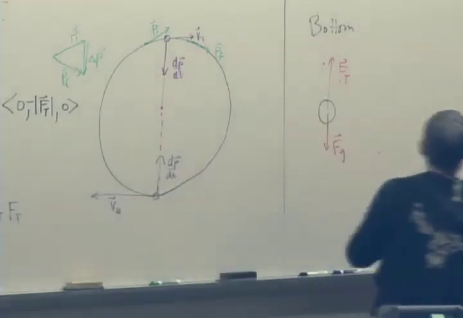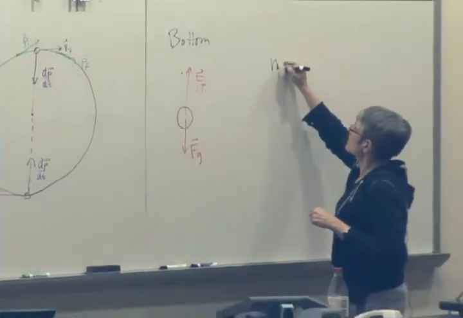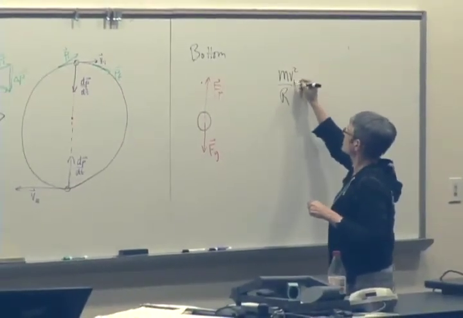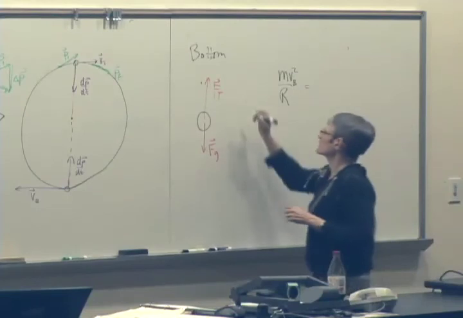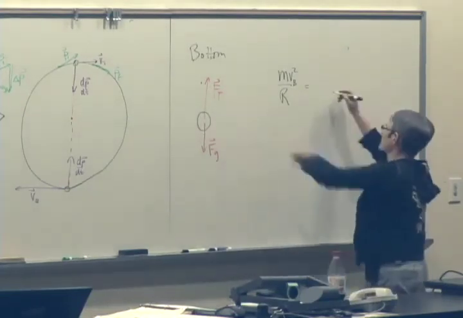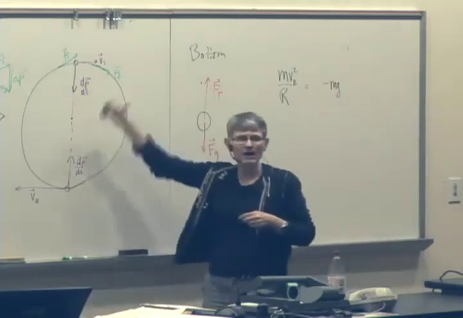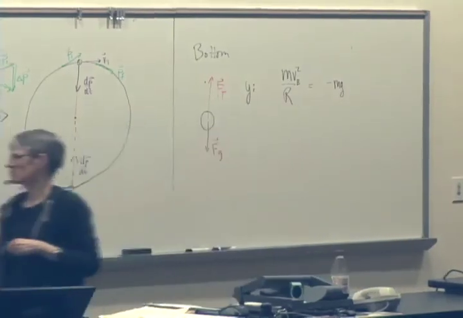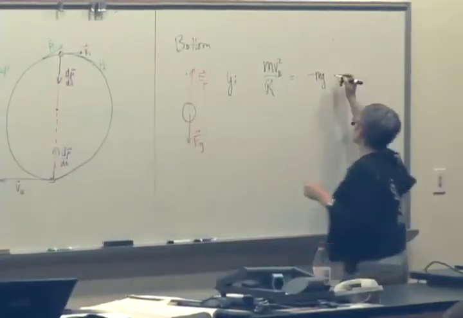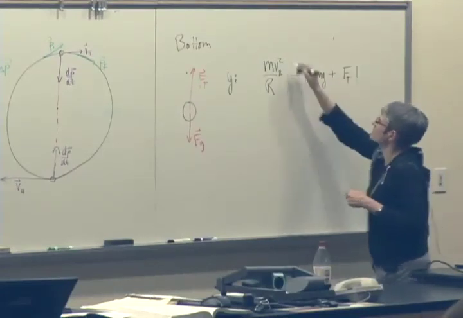So we have, starting from the same principles, we end up with an mv squared over r, except that's mv at the bottom now, is equal to, so we have a minus mg here. So this is really the y component, because y is the perpendicular direction to momentum. So we're writing y components here. So we have a minus mg plus the magnitude of the tension force.